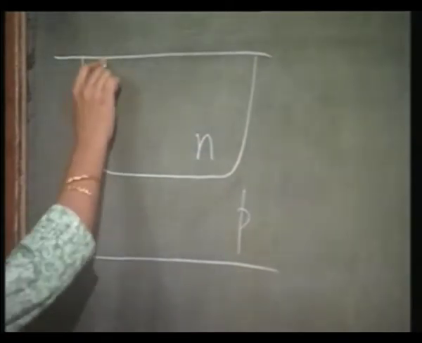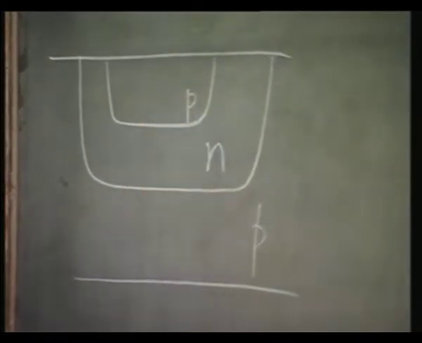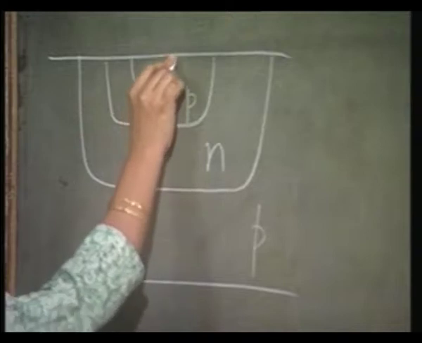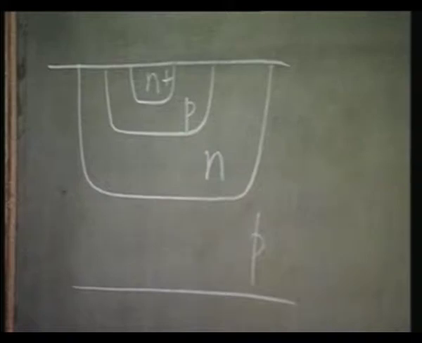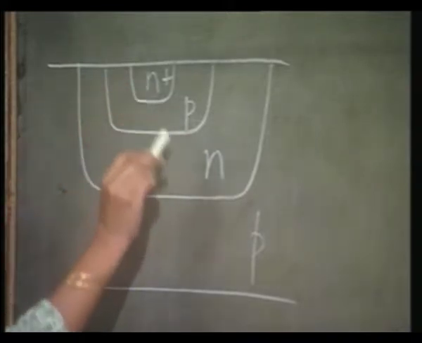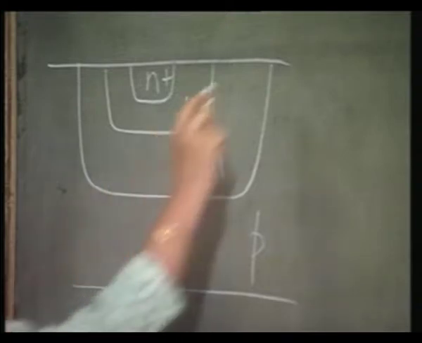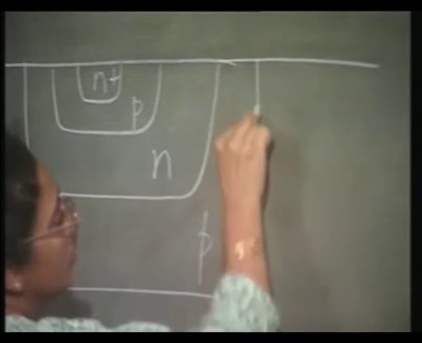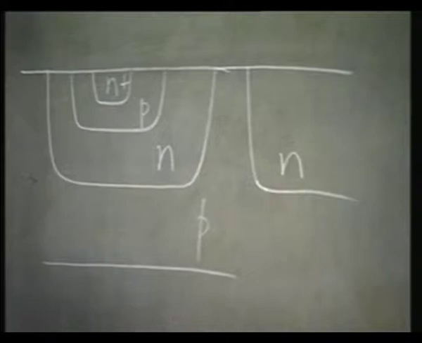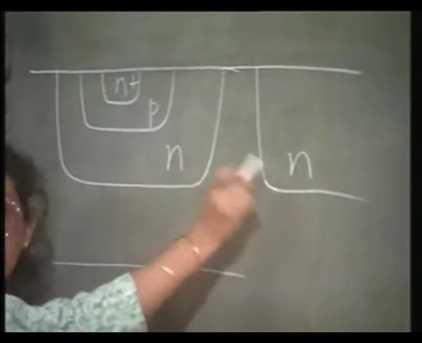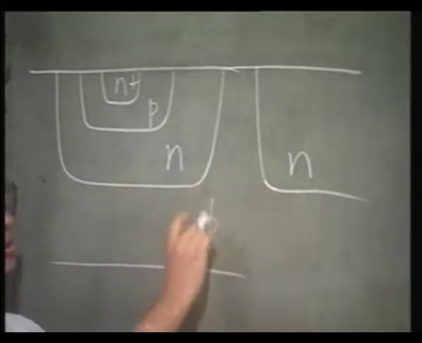This is going to act as your collector. Then you have a p diffusion, this is going to act as your base, and then this is going to act as your emitter. So, I have emitter, base, collector, all of them housed in the p type substrate, and I have the next adjacent transistor housed in another n diffusion. So, you see they are automatically isolated.